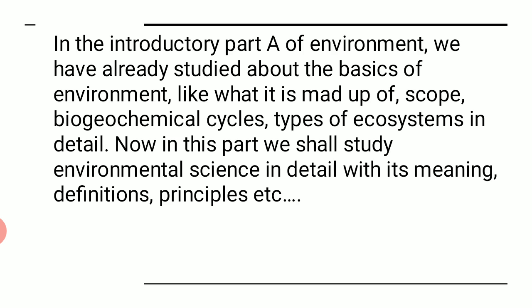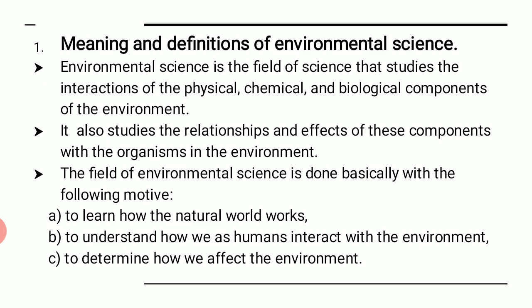We have divided the whole thing into different parts, so different aspects we'll be learning here. We'll first see the meaning, what you mean by environmental science, what its definitions are, and what its principles are. So basically in this B part we'll be studying environmental science as the subject which you are learning and what it is all about. So let us begin.